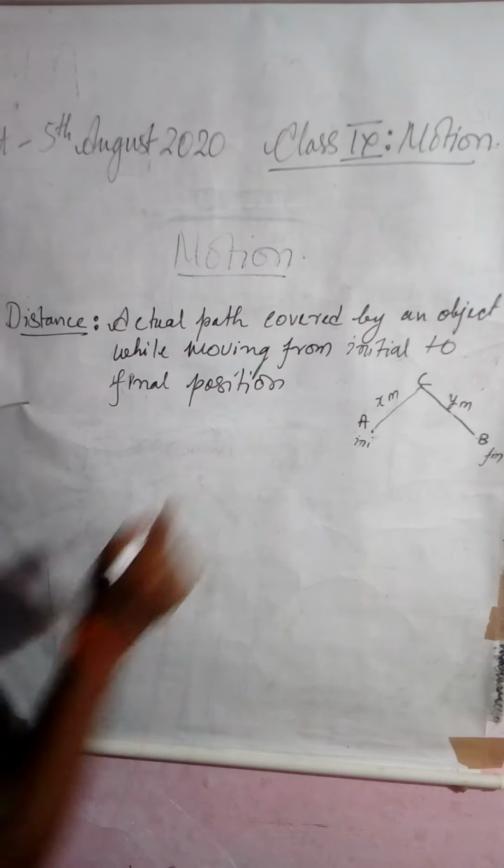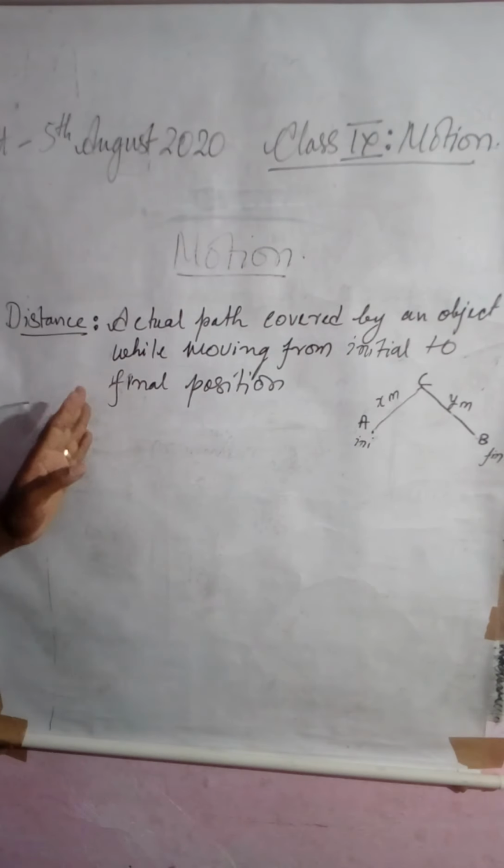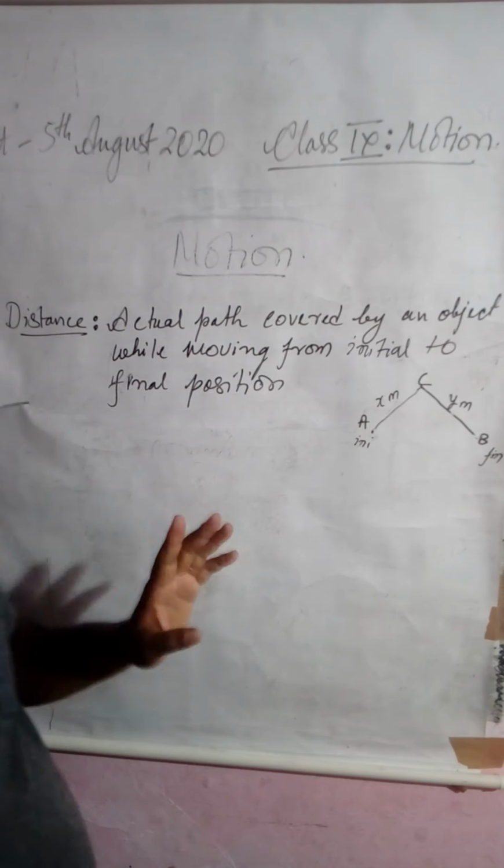Okay, so we have defined one thing, that is distance: the actual path covered by an object while moving from initial to final position, that is from A to B.